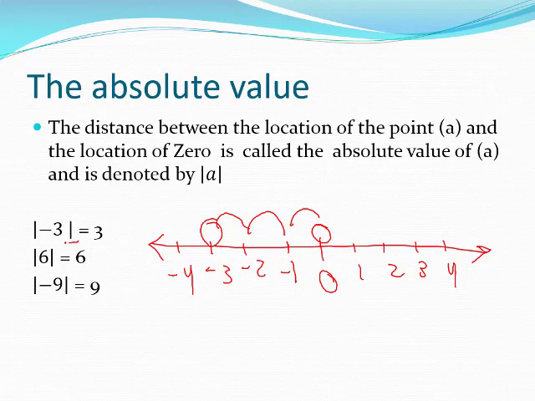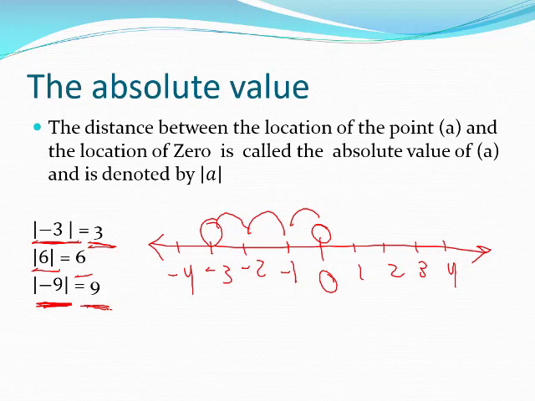So the absolute value of negative 3 equals 3 because it expresses a distance on the number line. Also, the absolute value of 6 equals 6. The distance between 0 and any point is a positive number. Negative 9 and 9: negative 9 denotes a distance, so it's positive 9. So what's the absolute value? Let's read together.